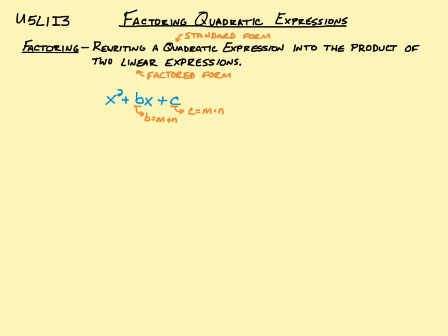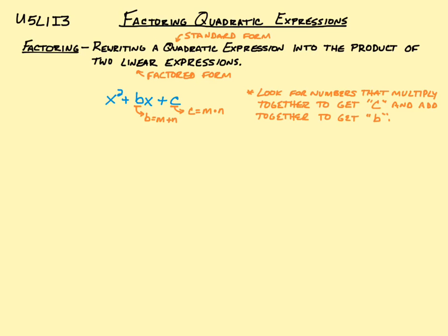So if we could find whatever product that we need for C, then we'd get B. So in essence, we're looking for two numbers that multiply together to get C, and that when we add together, they get B. That's really what we're doing when we're trying to factor a quadratic expression.